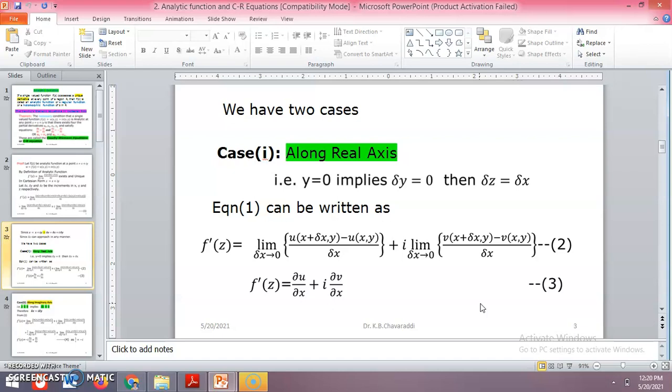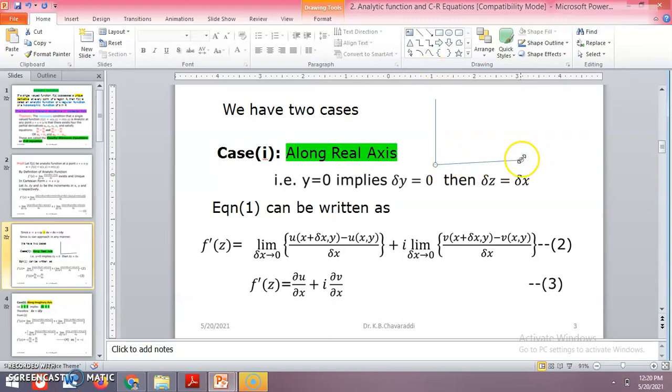Now two cases arise here, because we have a real axis and an imaginary axis, with u along the real axis and v along the imaginary axis.